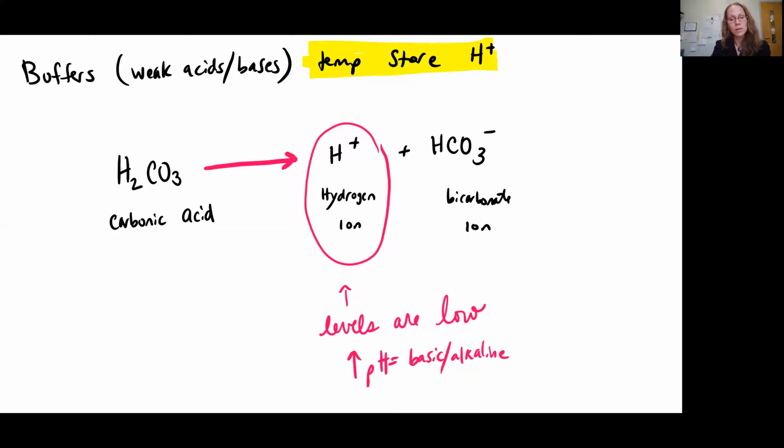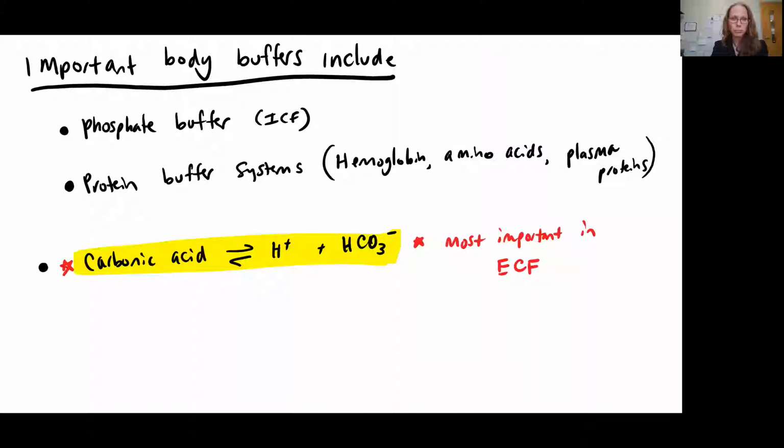The reverse of this is happening when conditions are more basic, when the pH is higher. So if you don't have enough hydrogen ions, you are pushing the reaction in the direction of dissociation. So now you are releasing hydrogen ion into the body fluids. And so carbonic acid is going to be a very important buffer in our body system.